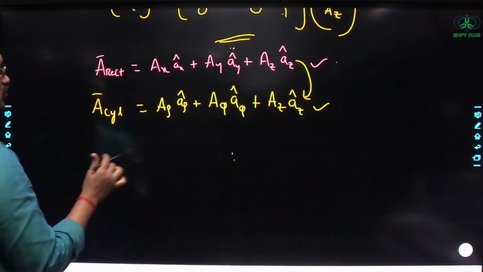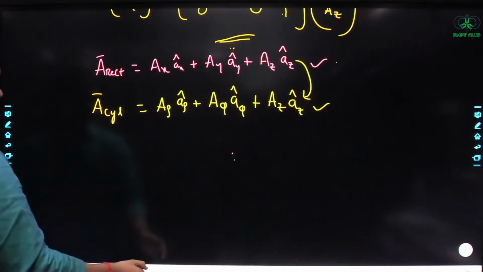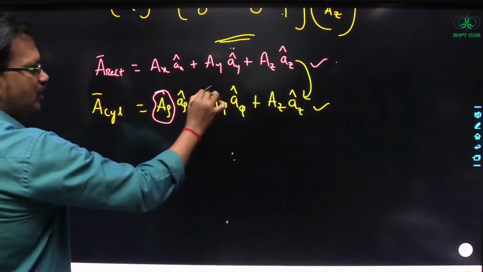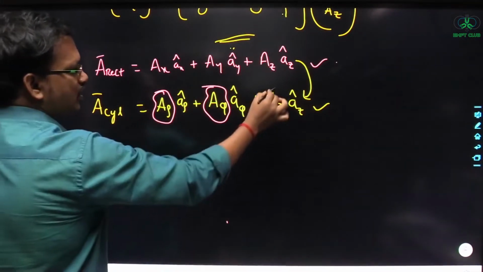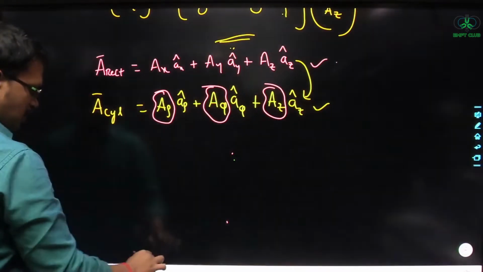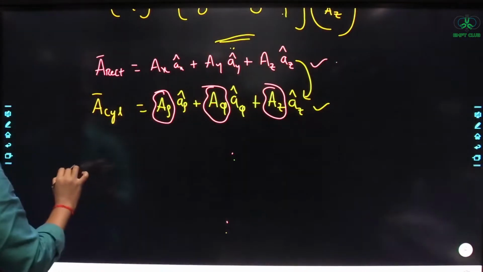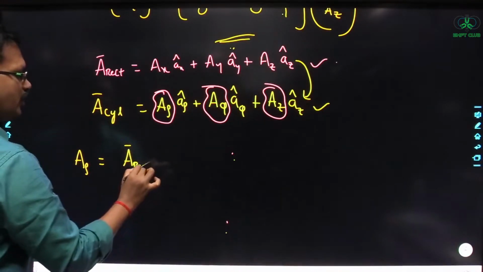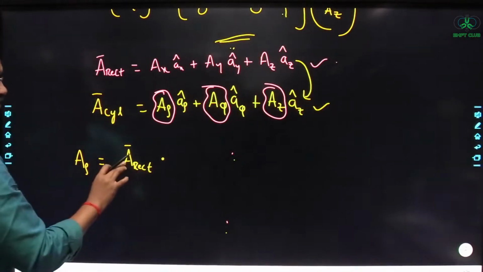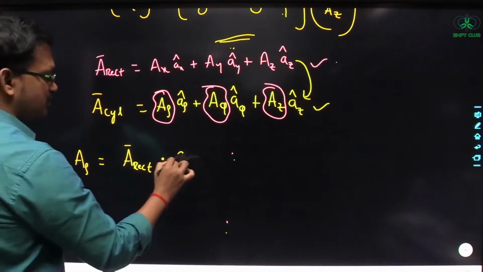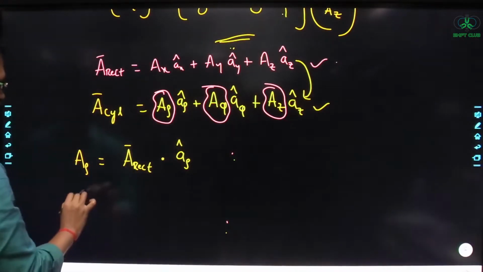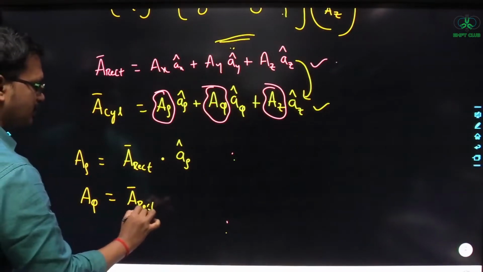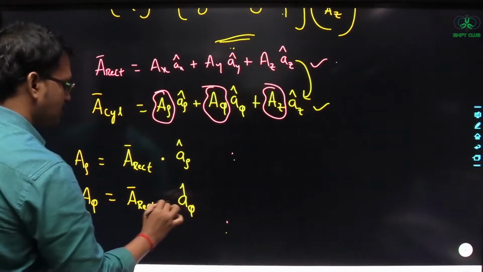So what you have to do? In order to convert into the cylindrical coordinate system, you have to determine the rho component, the phi component, and the z component. How can you determine the rho component? A rho is equivalent to A rectangular dot a rho cap, the component of this vector along the rho direction. Similarly, a phi is equal to A rectangular dot a phi cap, right?